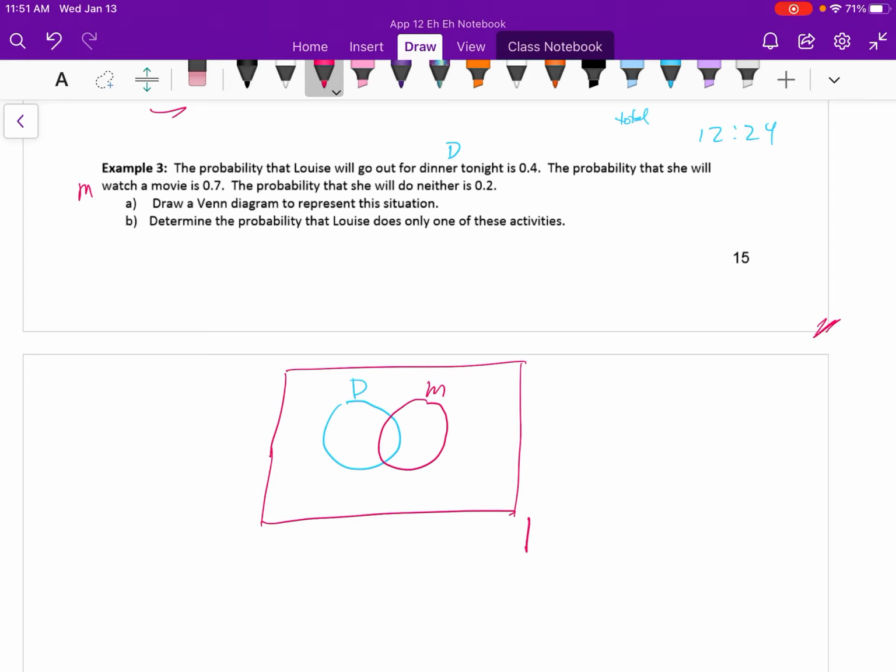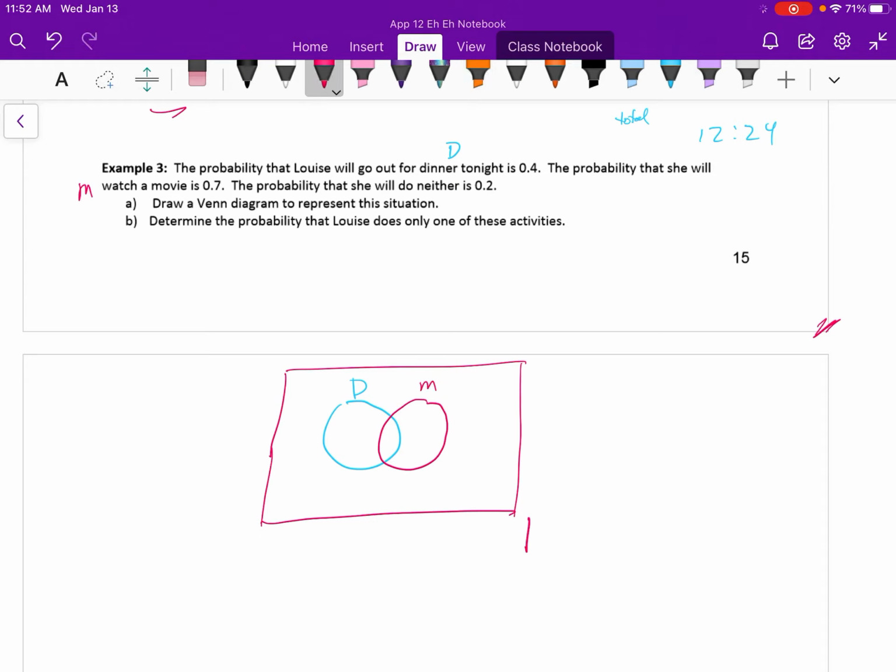And what I know is that all of dinner, if I add all of this up, it's going to be 0.4. Now, if I add up all of the movie here, it's going to be 0.7.